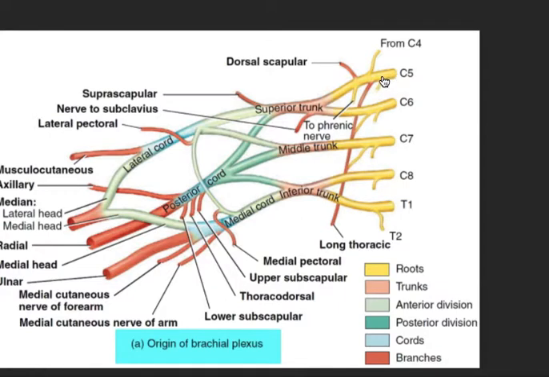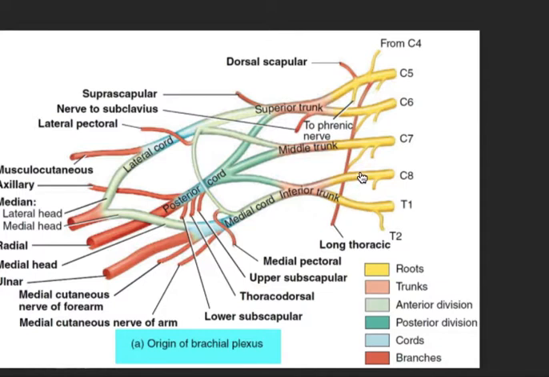C5 and C6 basically supply the shoulder and the upper arm. So they have lower motor neuron type of symptoms. Lower motor, not upper, because it is peripheral, not central. So they will have lower motor neuron type of lesion in the shoulder and the forearm, whereas C8 and T1 supply the forearm and the hand.